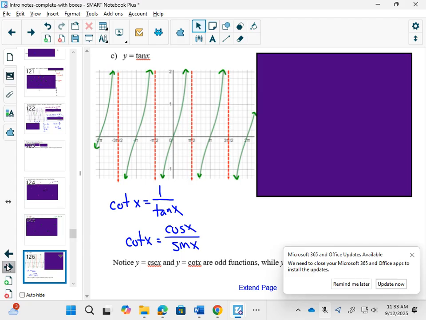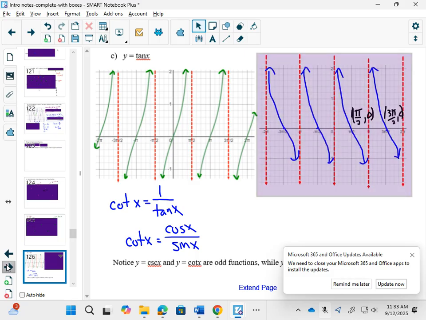Cos could equal 0. And when we go to graph cotangent, first of all, you will have asymptotes wherever tangent is equal to 0, because wherever tangent is equal to 0 is the same where sine is equal to 0. Those are your new non-permissible values. So your asymptotes for cotangent are at all of these x-intercepts.